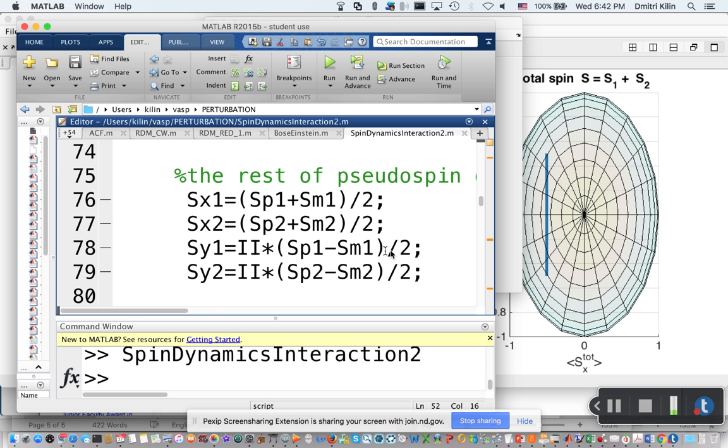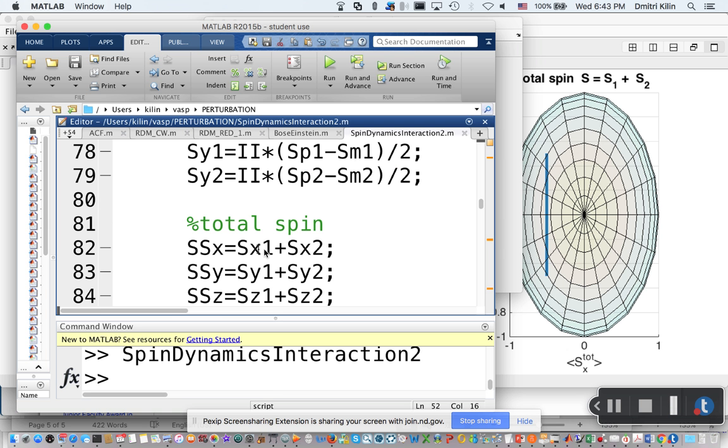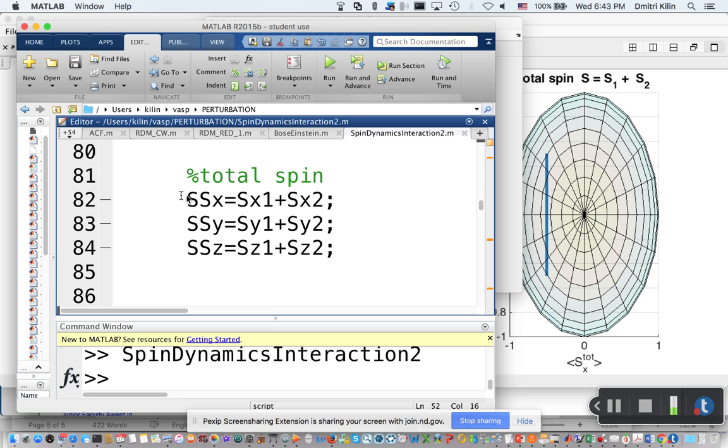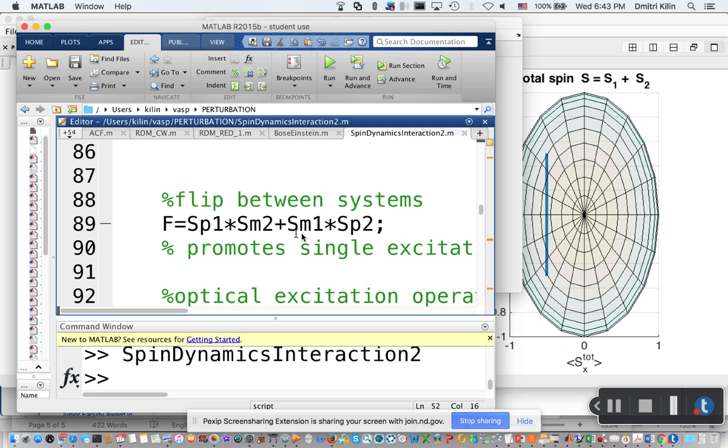For the transversal operators X and Y, it is just addition of creation and annihilation, or subtraction with the imaginary factor. And then we can also formulate the total spin just by angular momentum addition.